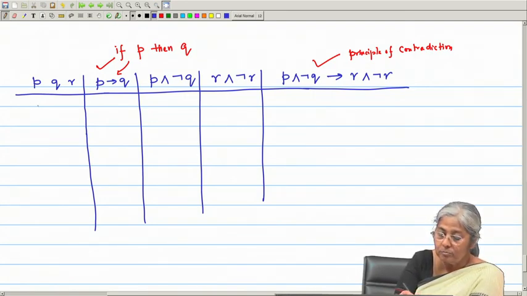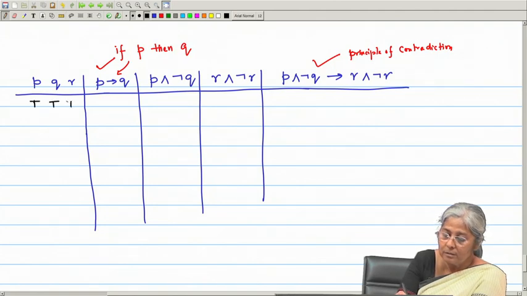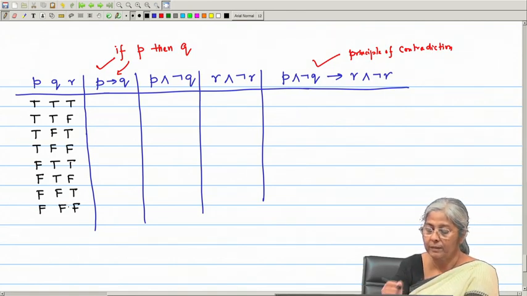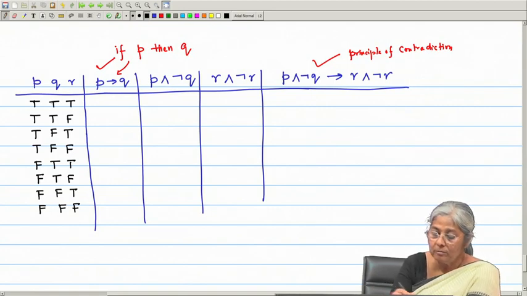We take all the possible truth values of P, Q, R. So, we take T, T, T, T, T, F, T, F, T and T, F, F. Then F, T, T, F, T, F, F, F, T and F, F, F. So, what is P implies Q?